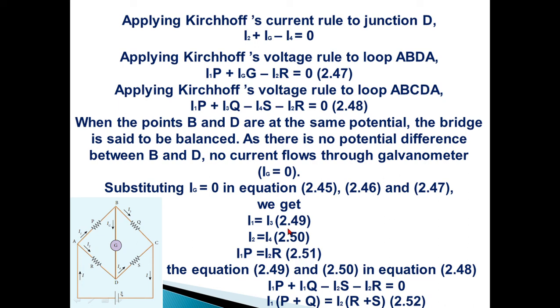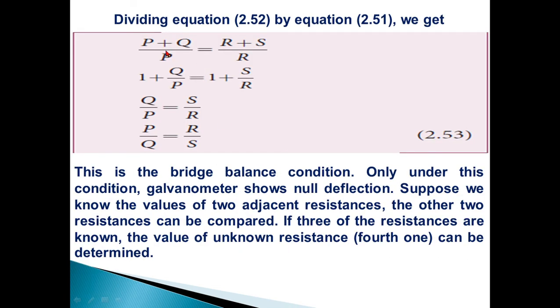Dividing them, we obtain P plus Q divided by P is equal to R plus S divided by R. Simplifying this equation, we obtain 1 plus Q by P is equal to 1 plus S by R. Now 1 and 1 cancel each other. Q by P is equal to S by R. Taking the reciprocal, P by Q is equal to R by S. This is the bridge balance condition.